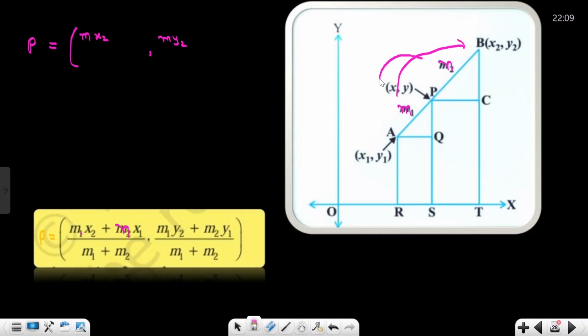Next, n multiplied with the A coordinate, plus sign here, n into x1 and plus n into y1, and divide by the sum of the ratio, m plus n and m plus n. Here m and n are the ratio. Okay, I hope everyone understands this formation. We can say section formula.